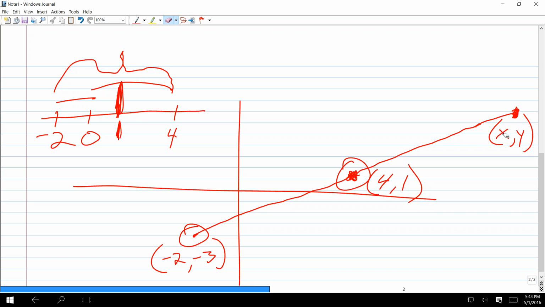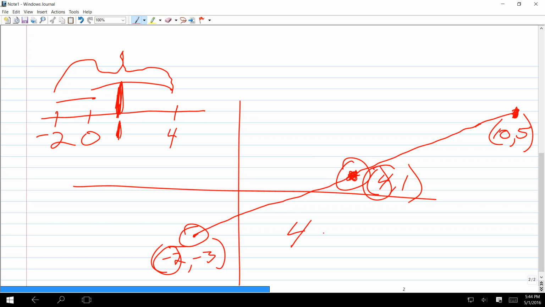If x has to be 6 more than 4, what is x? 10. And how about y? How much greater than -3 is 1? 4. So it should be 5. Again, all you have to do is take this midpoint and subtract that number.